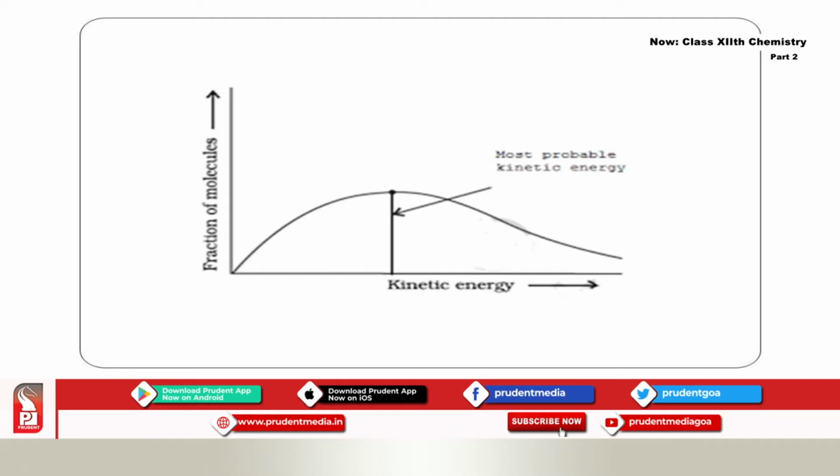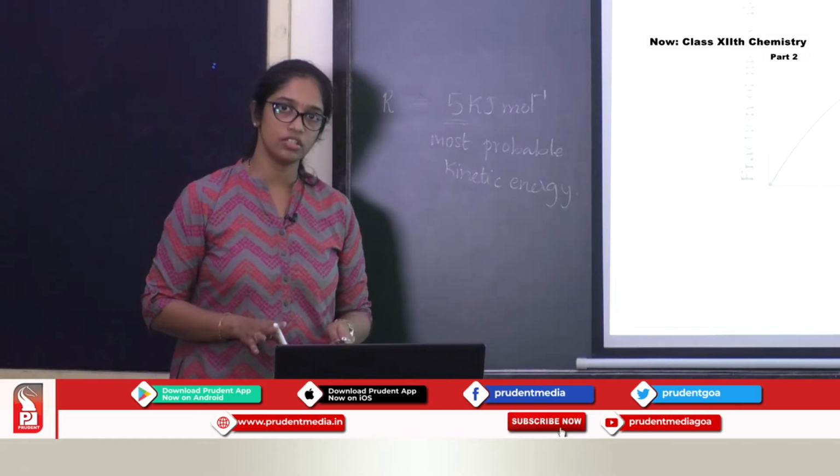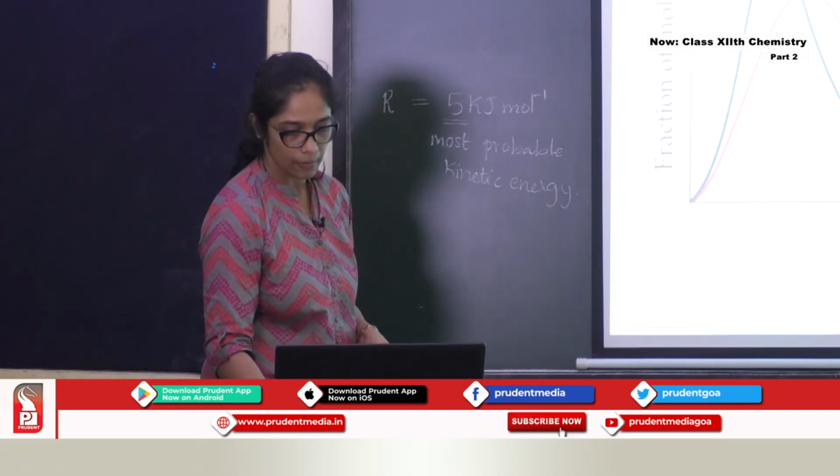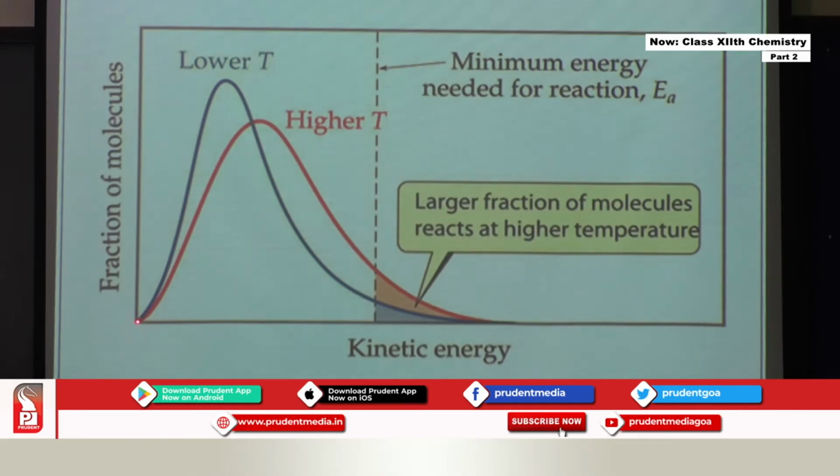So, this is the graph for any reactant having some amount of energy at a particular temperature. Now, how this plot changes when temperature increases is what is important for us. If you look at the graph at a higher temperature, the number of molecules having energy greater than the activation energy is greater compared to the graph at a lower temperature.